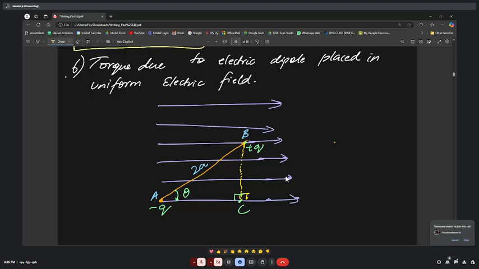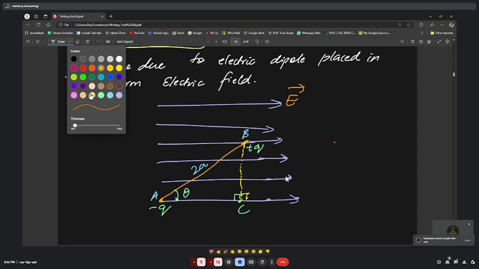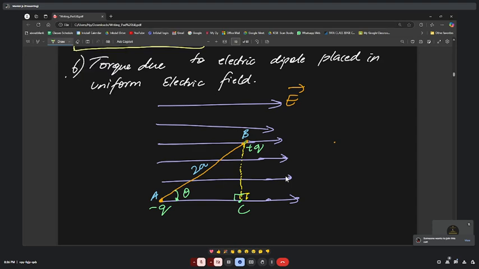Clear? Now this charge q, placed in the region of uniform electric field E, will experience a force. That force is going to be directed towards the right, acting in this particular direction.